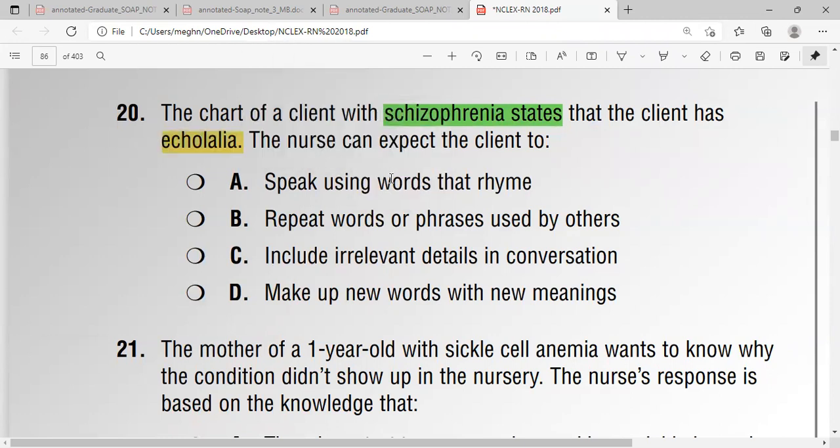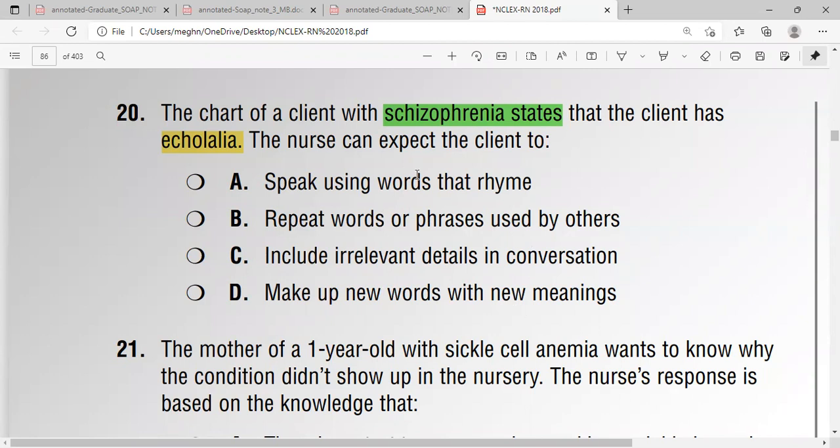The nurse can expect the client to: Number A, speak using words that rhyme. B, repeat words or phrases used by others. Number C, include irrelevant details in conversation. Number D, make up new words with new meanings.